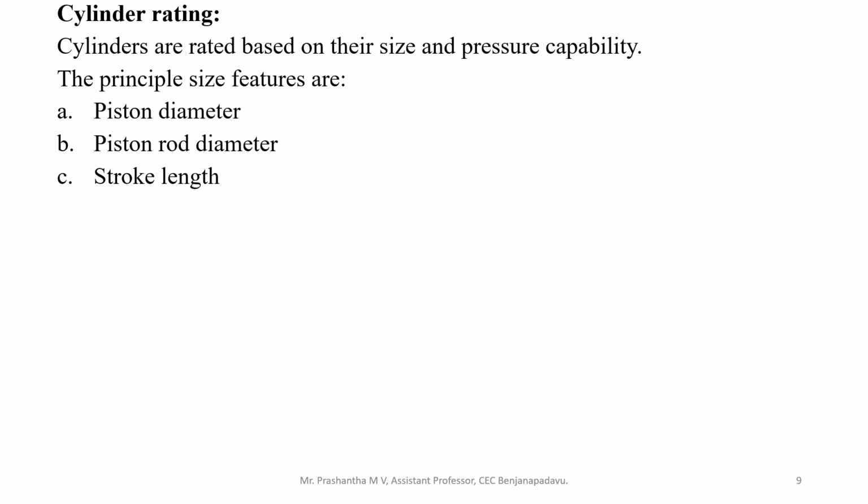Then is stroke length. Stroke length means the piston travels from inward dead center to outward dead center when the cylinder is placed in horizontal position. Suppose we keep the cylinder in vertical position, that should be top dead center to bottom dead center, that is the stroke length.